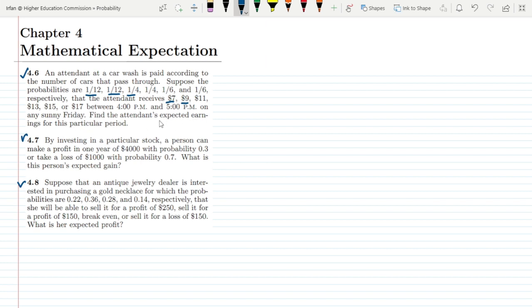In finding the expected earning, we have a formula, and previously we have seen that this is called the expected value. So the expected value of any random variable x can be found by writing the value of the random variable and multiplying it with the probability it has. Okay, so this is for a single random variable.